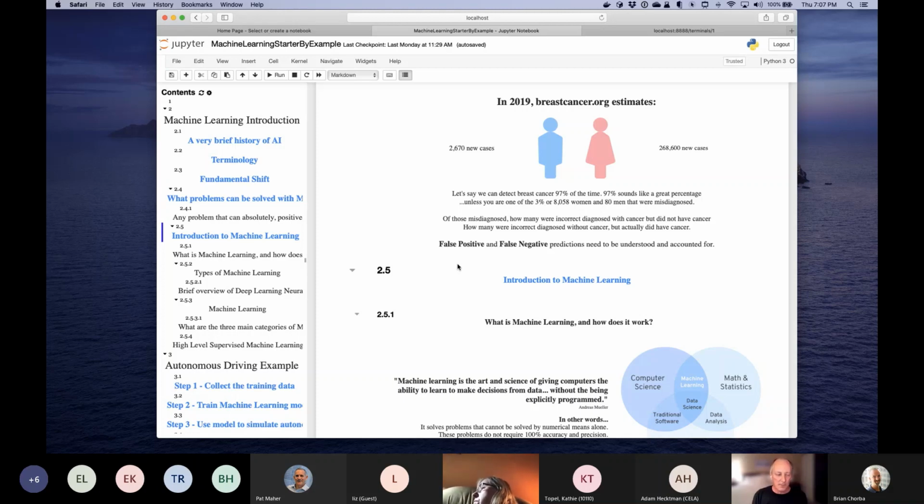So the question becomes, well, how were they misdiagnosed? Was it a false positive or a false negative? So if it was a false positive, that means we falsely said you had cancer, but you really didn't. And while that outcome is scary, that's better than saying we falsely said you didn't have it, but you actually did.